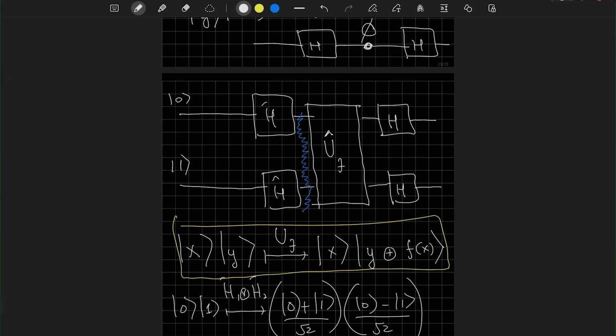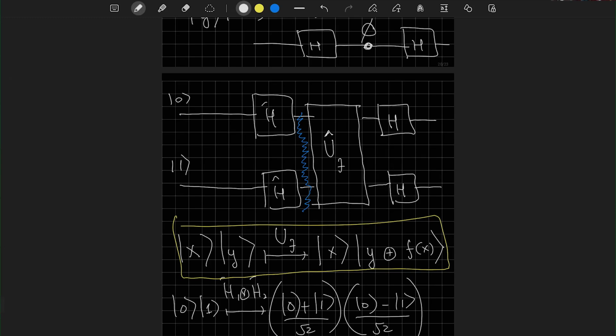It just came in, kind of picked up a phase, and that phase got transferred to the first qubit. Just ignore it. It has just come in as a helper. That's why this is an auxiliary qubit. So you need two photons here, by the way.